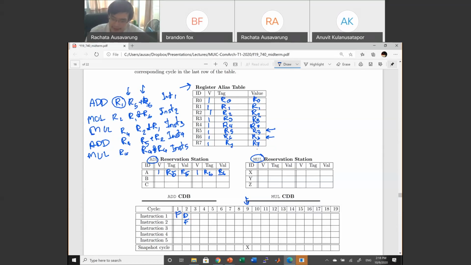So in here, one more thing that you have to update is R1 no longer is valid because my add modified that. So I'm gonna say this is not valid. If you want this data, look at tag A. The value is something unknown because I haven't finished my add yet. Let's do one more cycle.